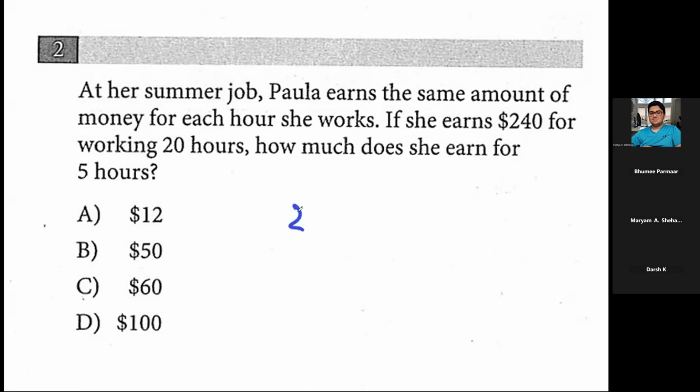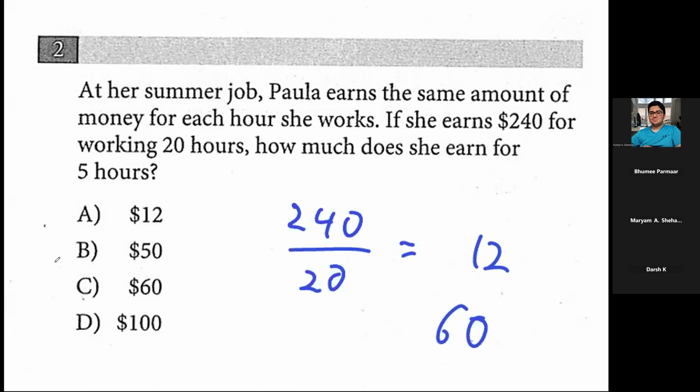So we just take 240 divided by 20, which means they earn $12 an hour, times 5 hours is 60. Alternatively, you can just realize that from 20 hours to 5 hours, you divide by 4. So you just take 240 and divide by 4, and that'll also get you 60.